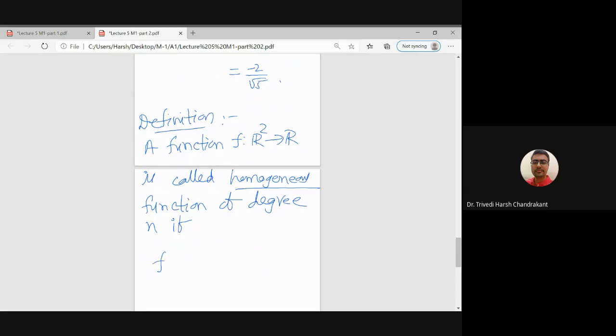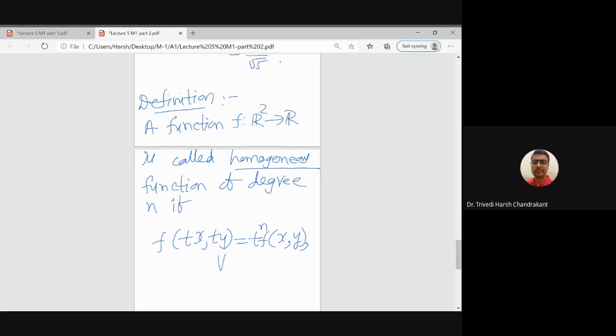The condition is that f, when we evaluate it at tx, ty, will be t power n times f of xy, for all real numbers x and y.